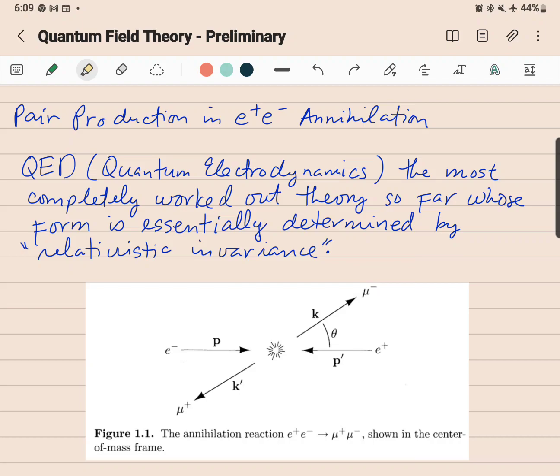But of course, as a basis of other theories, in quantum chromodynamics some of the concepts are taken from QED, as well as the electroweak theory. It is the most completely worked out theory, whose form is essentially determined by relativistic invariance.